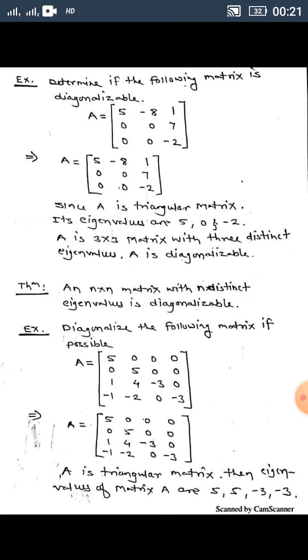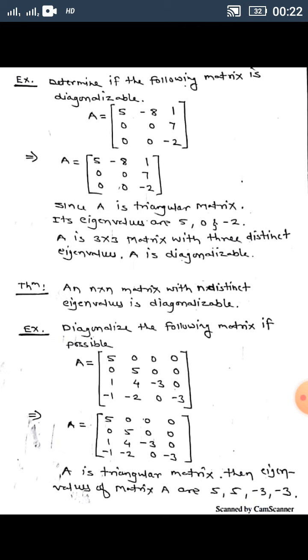Now see here, the matrix is a triangular matrix. In a triangular matrix, the diagonal elements are themselves the eigenvalues of that matrix. So there is nothing required to calculate here by the characteristic equation. Once again, in a triangular matrix, that is an upper triangular matrix, the diagonal elements are nothing but the eigenvalues of that matrix.